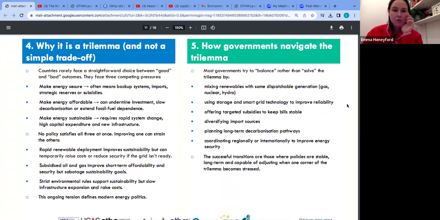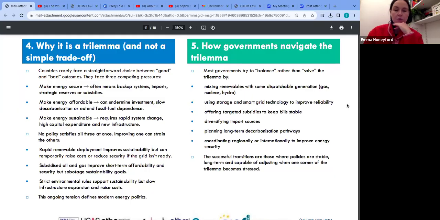Number 4: why is it a trilemma and not a simple trade-off? Countries rarely face a straightforward choice between good and bad outcomes. They face 3 competing pressures: making energy more secure, making energy affordable, and making energy sustainable. No policy satisfies all 3 things at once, and improving one can strain another.